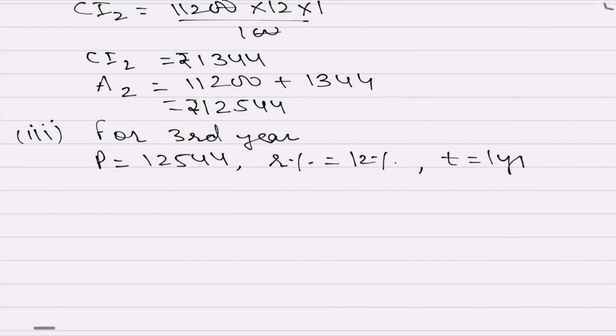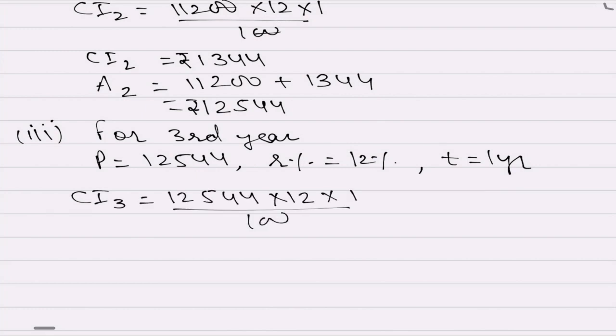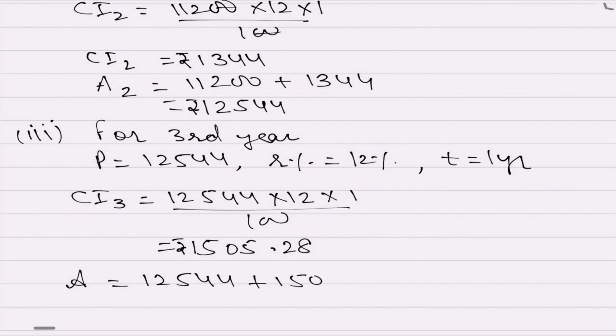Time period is 1 year. So compound interest for the third year is 1,505.28 rupees. So this is the interest for the third year. Now amount is principal plus interest. So that is 14,049.28 rupees. So this is the amount at the end of third year.